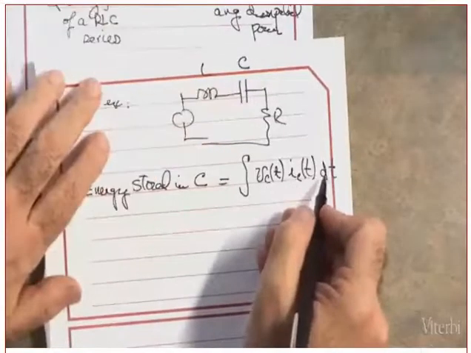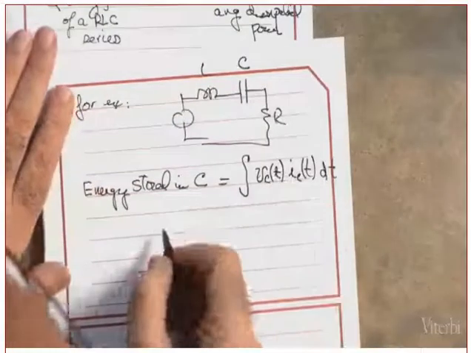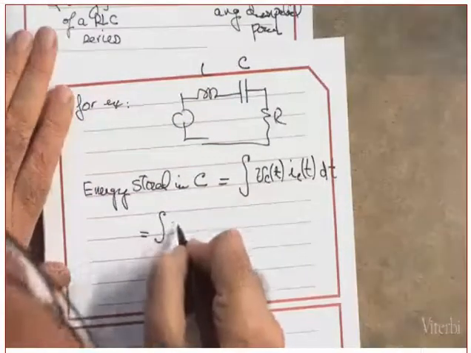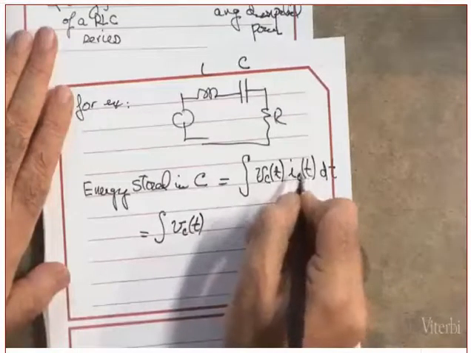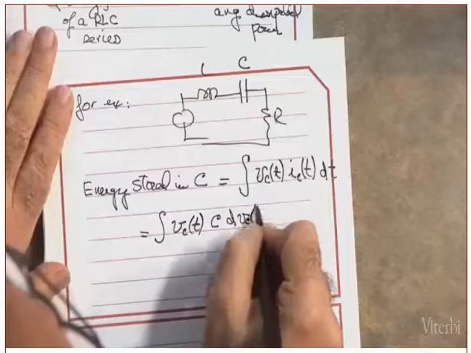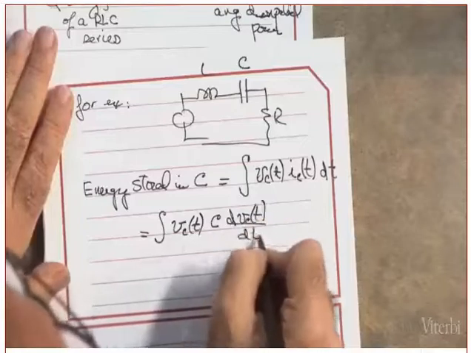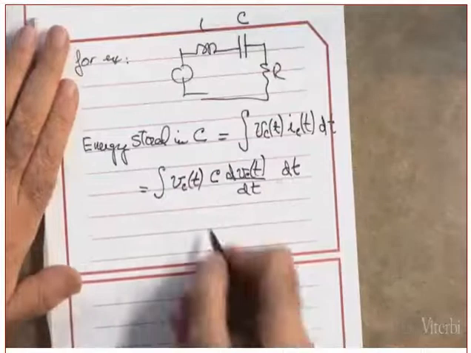That's not power, that's energy. Which is equal to the integral of Vc(t) times, what is the I? It is C dVc/dt, dt. Agree? Yes or no? Okay.